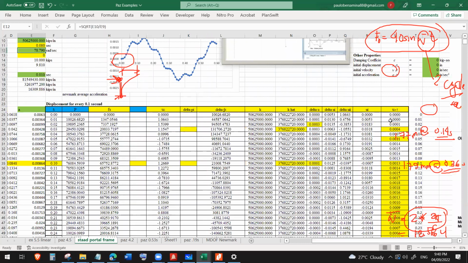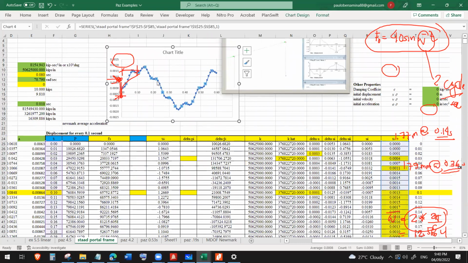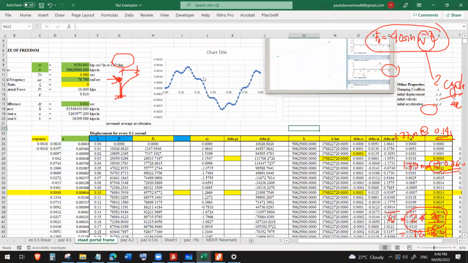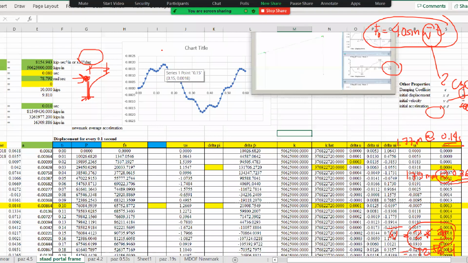Looking at our spreadsheet, this is again the time history response. If I click on our time history response, it's almost the same. We also got the peak deformation at about 0.15, having a peak deformation of 0.18, which is almost the same with what we got in Staad, 1.77 mm and also 1.8 mm.